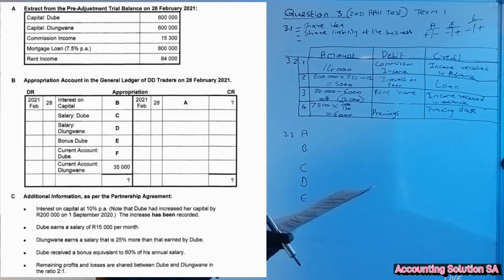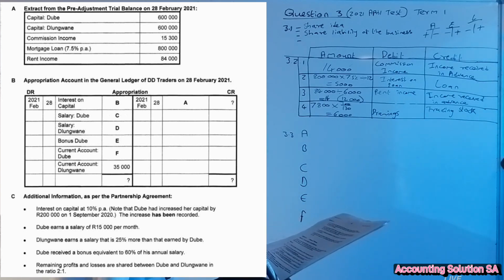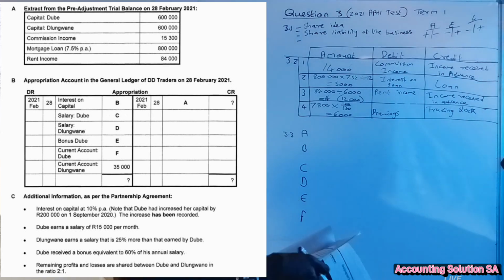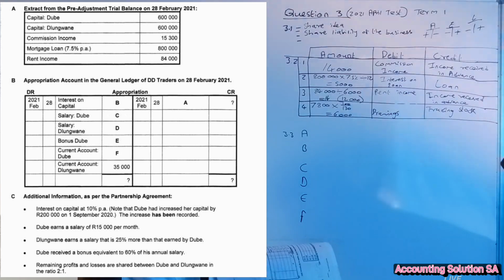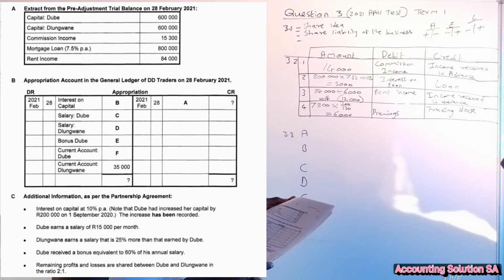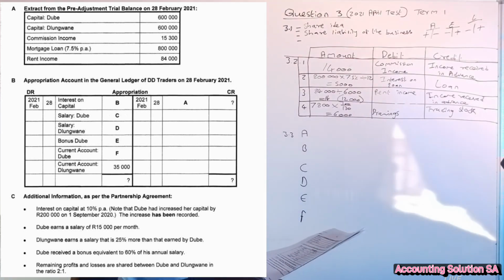Show calculations where necessary. Okay, so part marks can be awarded. Now let's go to the information. As you can see, they give us the appropriation account which we need to fill in.